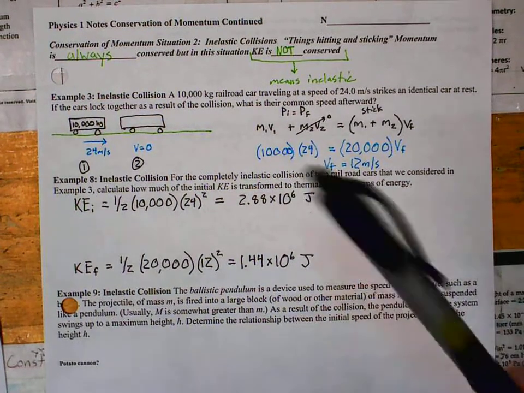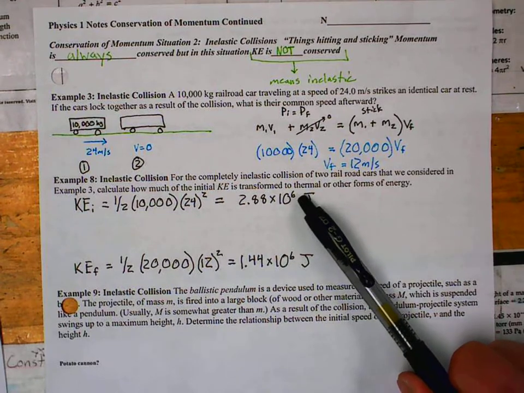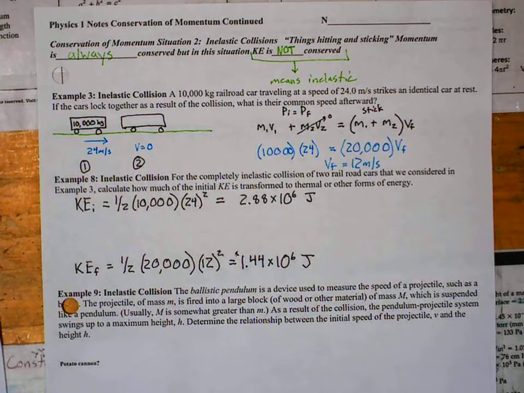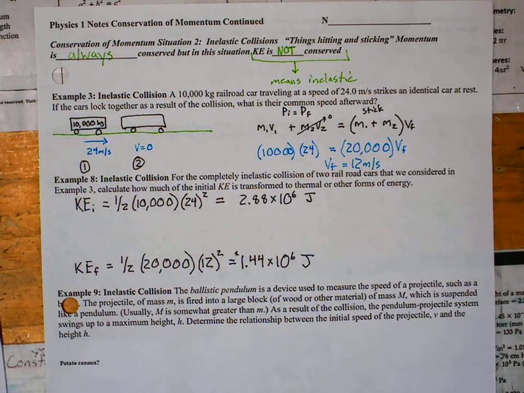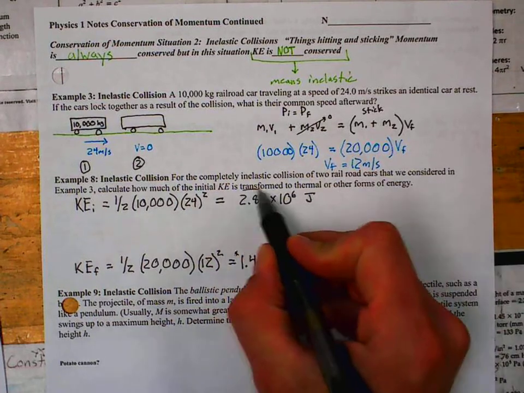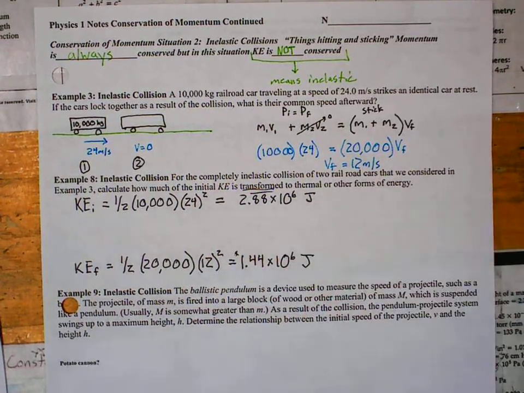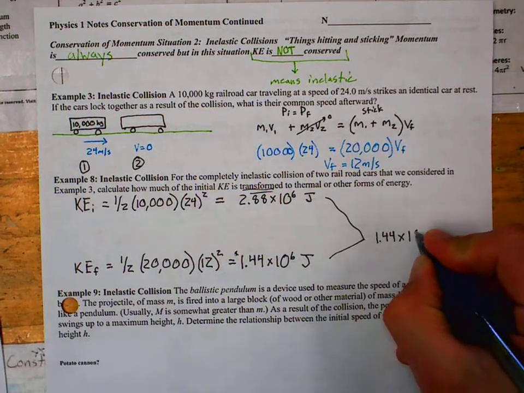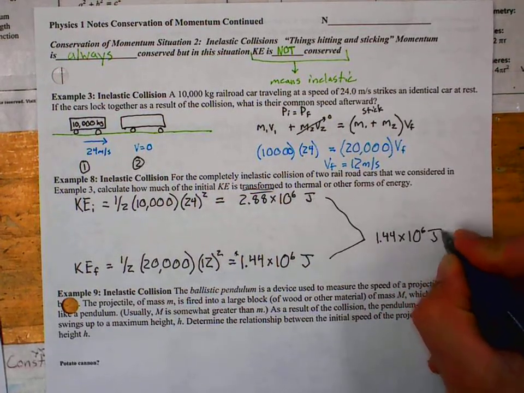Okay, so the system had this much kinetic energy, but then it lost a bunch. This is how much it has after the collision. Okay, so how do we find out how much was lost? We want to find the transform. So we're just going to subtract right there, and we're going to get 1.44 times 10 to the 6 joules lost.